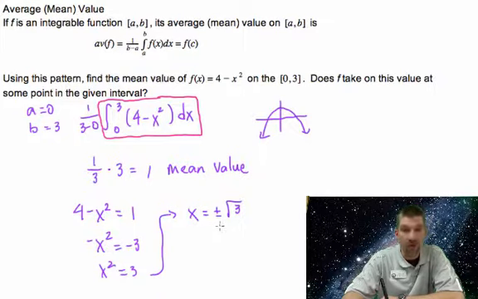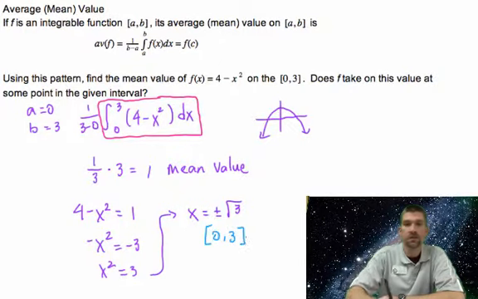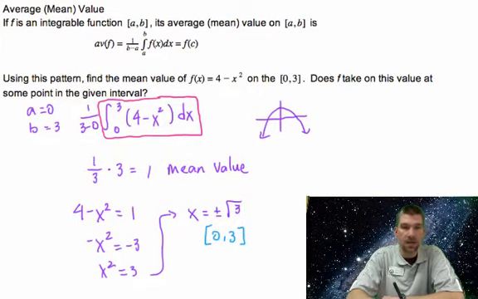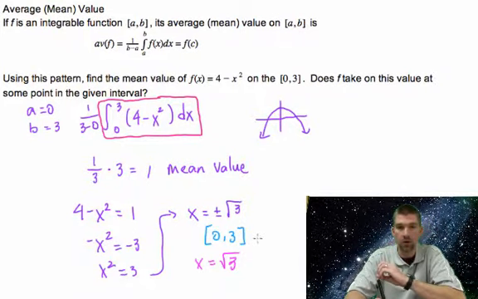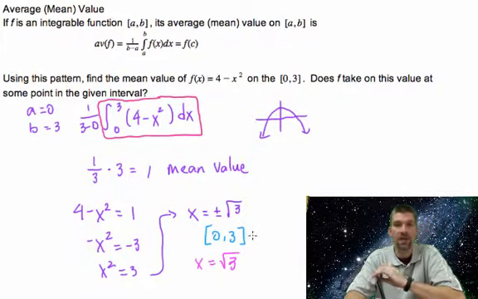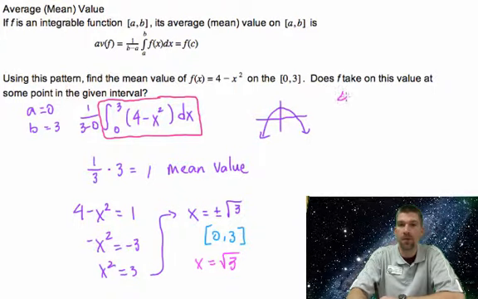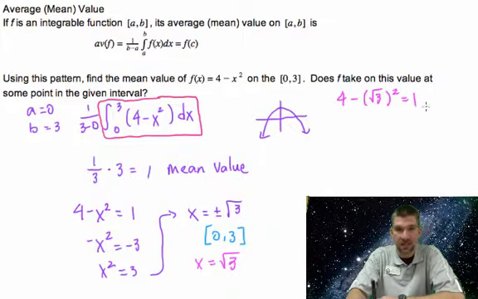However, the interval that we're looking for goes from 0 to 3, so there's only one spot where this happens. When x is equal to radical 3, it's equal to its average value. In other words, 4 minus radical 3 squared is equal to 1, which is its average. And that's what we're trying to show.